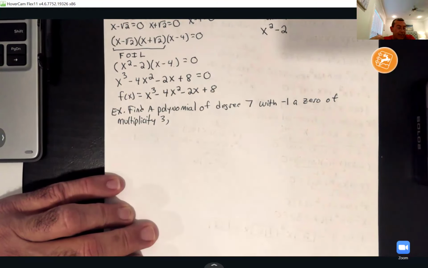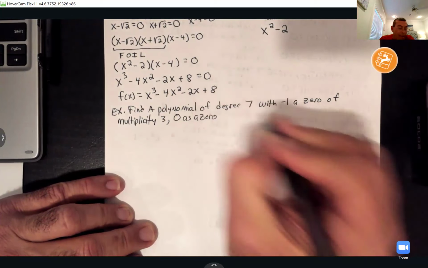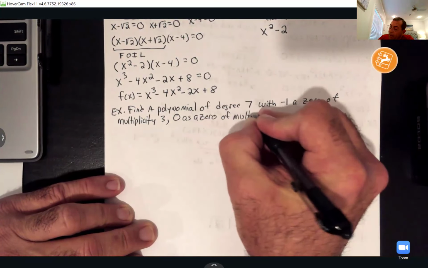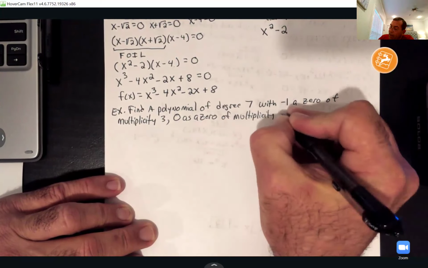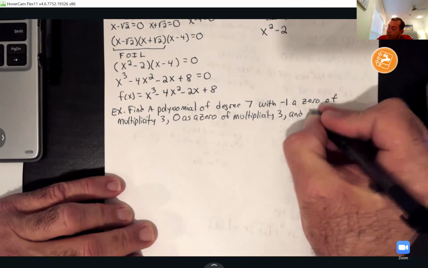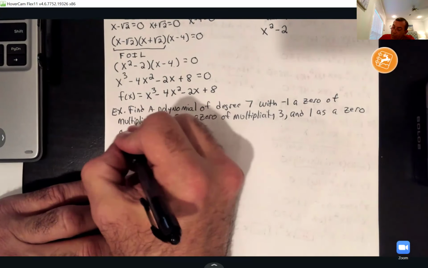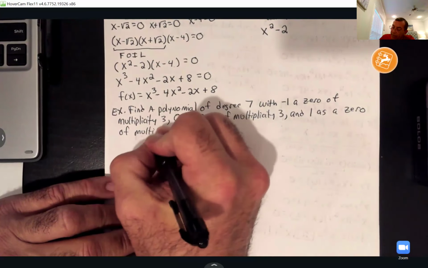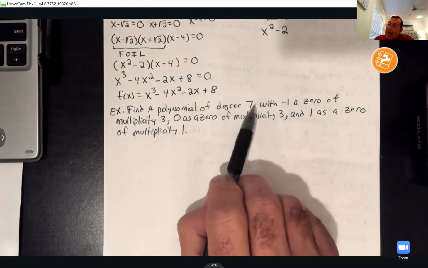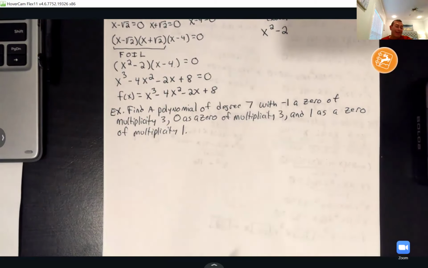Then it says 0 as a 0 of multiplicity 3. And 1 as a 0 of multiplicity 1. Now, do y'all realize when I'm done, my highest exponent better be a 7 because they said it's going to be a degree 7. Okay?